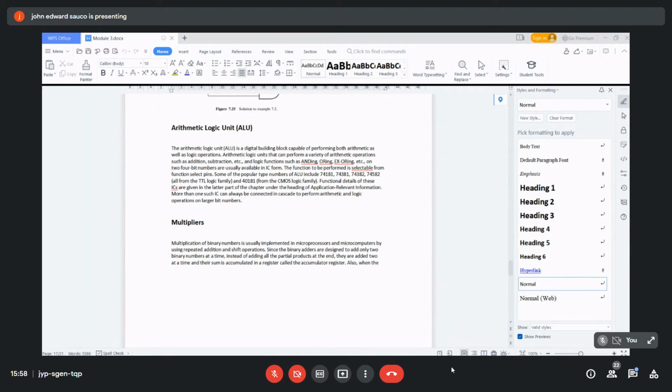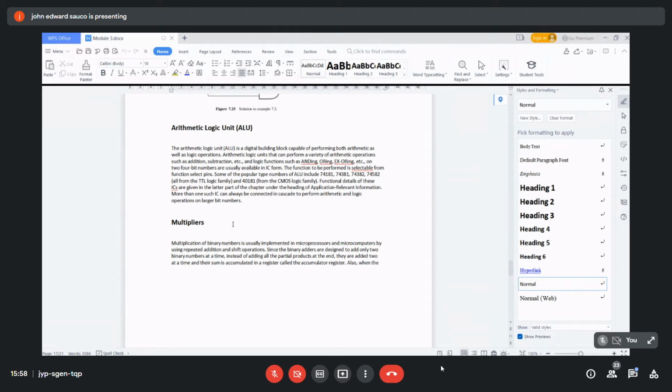Sige. Tuloy ko na lang. Kung wala, kaya nila nag-release ng TTL at Simos Family para sa compatibility. Okay? Dahil sabi natin is same family, same characteristic na parameters. So, yung power consumption, isa doon.